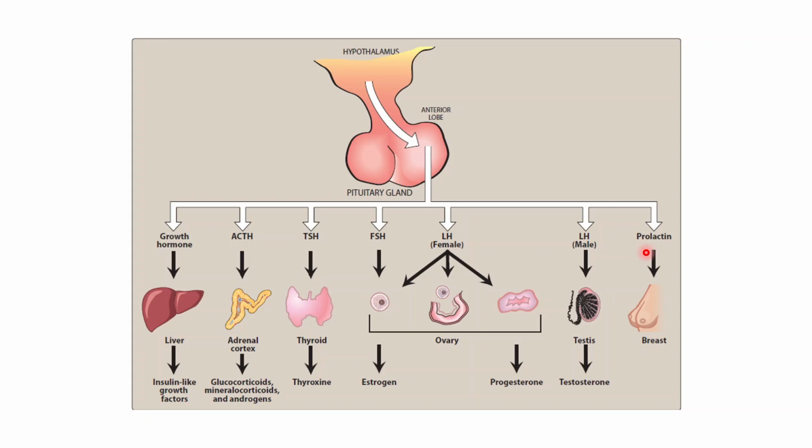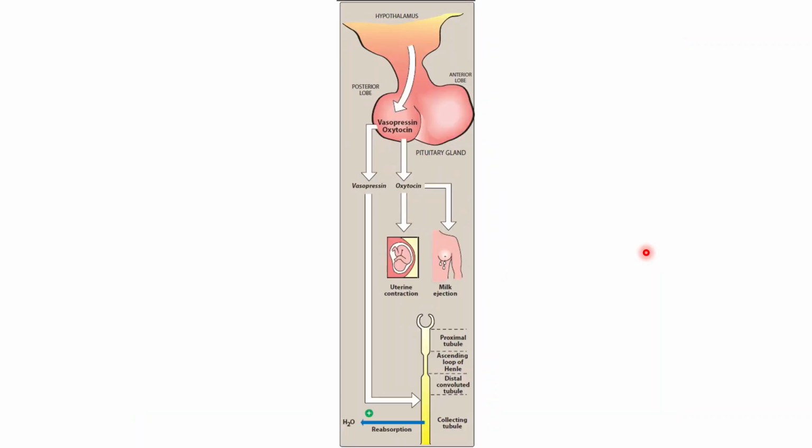And then there are also hormones of the posterior pituitary. It was the anterior pituitary before, and now we have switched to the posterior pituitary, so actually the back of the pituitary. And then there are two hormones synthesized here: vasopressin and oxytocin.